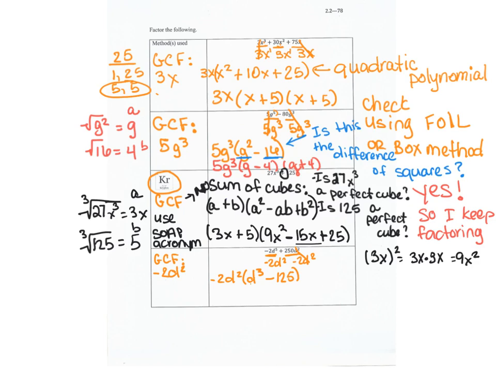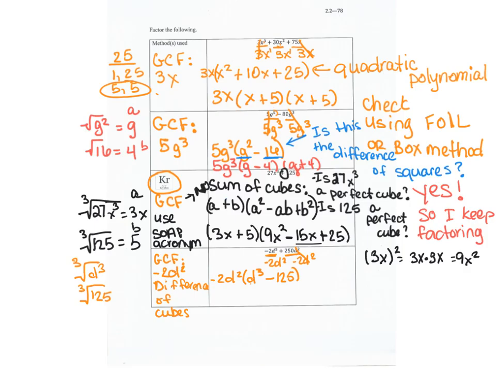So now then, my next thing would be, I look at my first term and my last term of my binomial that I created. Are they perfect cubes, like we answered up in the problem before? If I can say yes, d cubed and 125 are perfect cubes, then I am going to have a difference of cubes. And I need to follow that SOAP acronym, and I need to take my cubed root of d cubed, and I need to take my cubed root of 125.